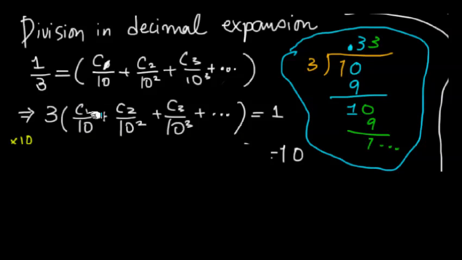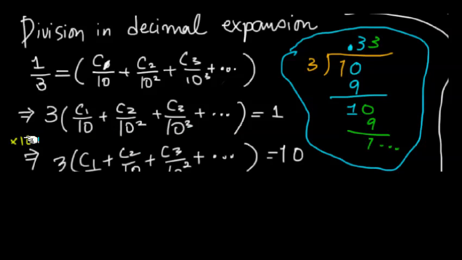To figure out this digit, we multiply both sides by 10. That becomes a 10, and that becomes 10, multiplied inside the parentheses. So it looks like this: multiplying by 10 decreases the power in the denominator, so this just becomes a number. What we do is figure out the largest integer here, which knocks down this 10. So that's this part right here, filling in.